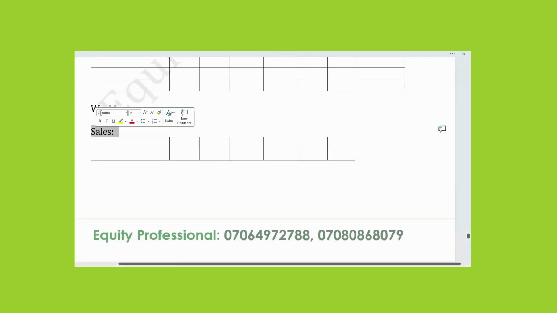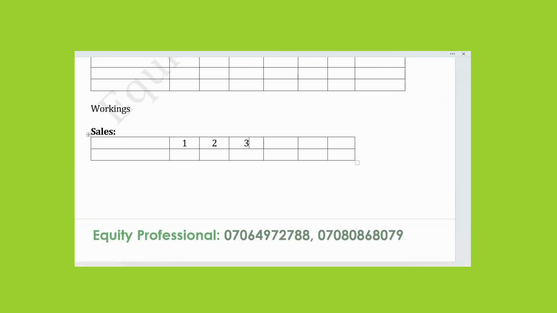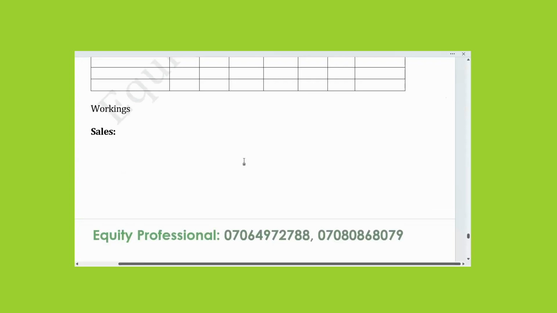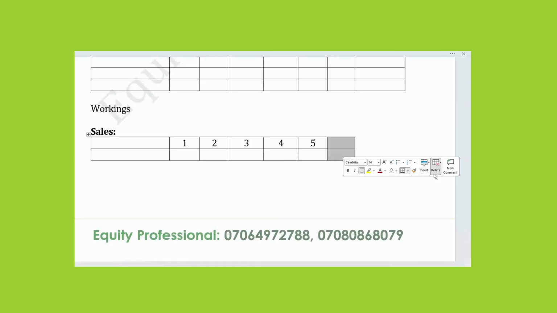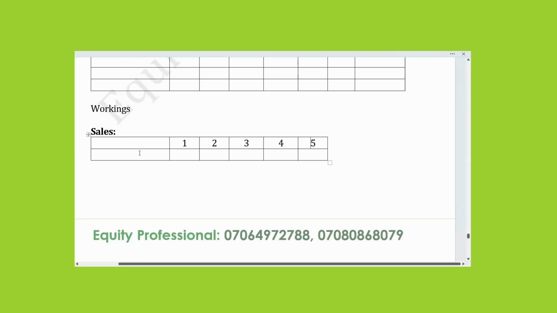Let me bold this. All right. So I have year one, year two, year three, year four, year five. I don't need this, this is 6. Let me remove that. Column. So I will then come here. Selling price.